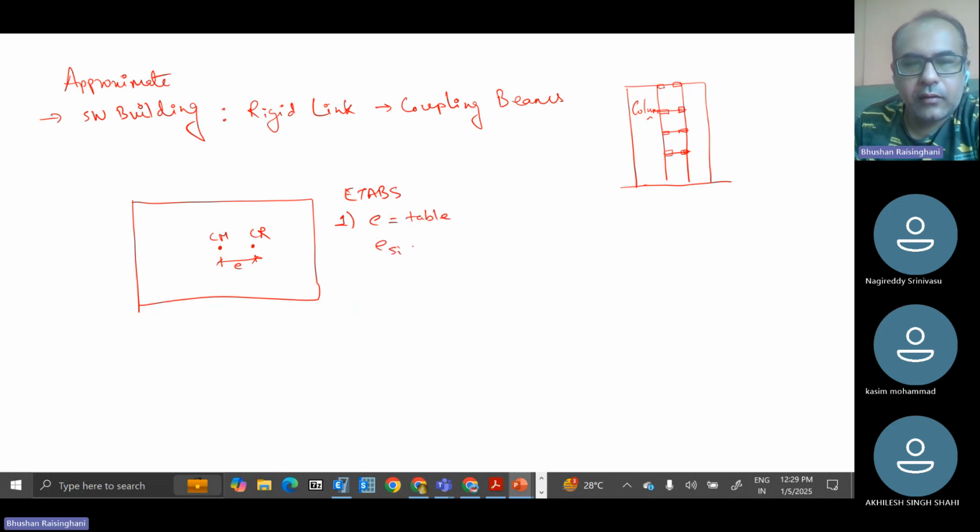By formula, EDI is equal to 1.5 ESI plus 0.5 BI, or ESI minus 0.5 BI, something like this. The formula is there. Okay. So this 1.5 is the dynamic amplification factor.